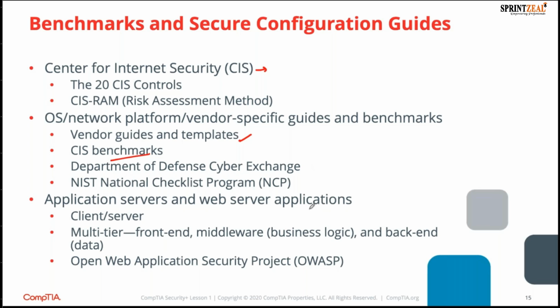For application servers and web servers, most application architectures use a client server model. It means part of the application is a client software program installed and run on separate hardware from the server application code. That's the client and server architecture.